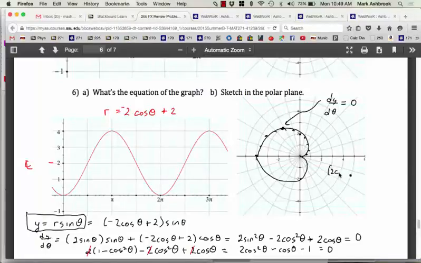So we got 2 cosine and cosine, and so we need a minus 1. So we're going to have minus 1 and plus 1, and when we add the middles, we want a minus. So I think it's minus and plus like this. Does that do it? 2 cosine squared minus cosine minus 1. Nice. So therefore, cosine could be negative a half, or cosine could be 1. Both make this work.